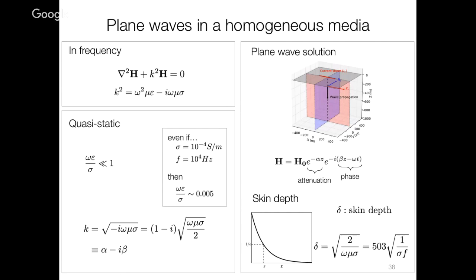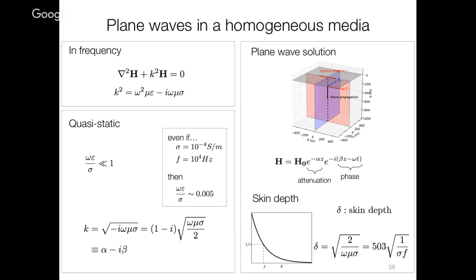It's got an e to the minus alpha z. The amplitude of this wave as it goes into the Earth has this kind of exponential decay. There's an important point at which the wave has decayed to a value of 1 upon e of its amplitude at the surface, so about 1/3.